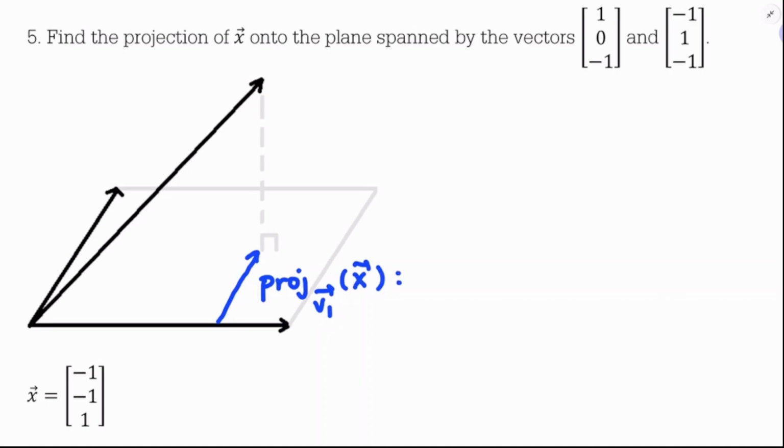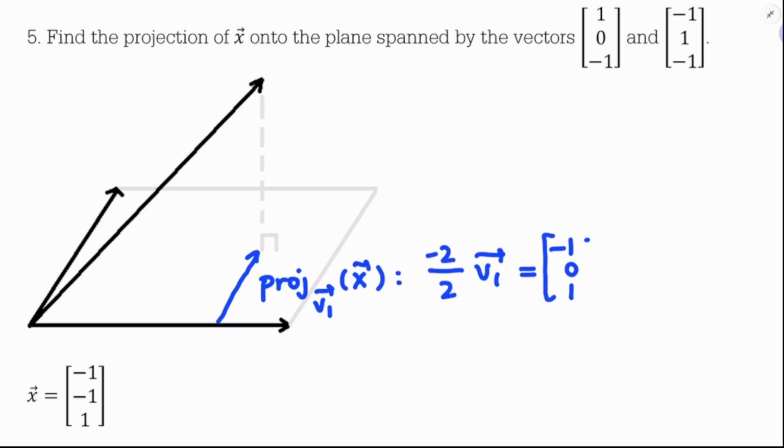I get negative 1 plus 0 plus negative 1, which is negative 2, divided by V1 dotted with itself, which is 2, times V1. So that's negative of V1, and that's going to equal, oh, that's weird. But probably it's just that X is pointing the exact opposite direction from how it looks in the figure. So negative 1, 0, 1.